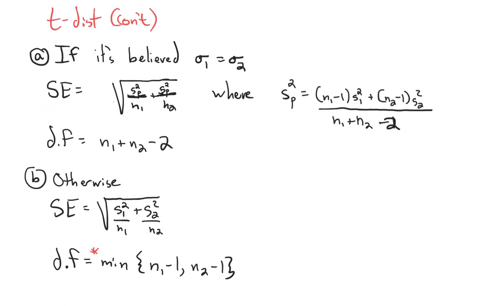And similarly, if we have no reason to believe that the standard deviations are equal for both populations, well, then we just calculate the standard error very similarly to what we did in the normal distribution case. But the degrees of freedom for our t-distribution is going to be kind of, we'll call it, a conservative estimate.